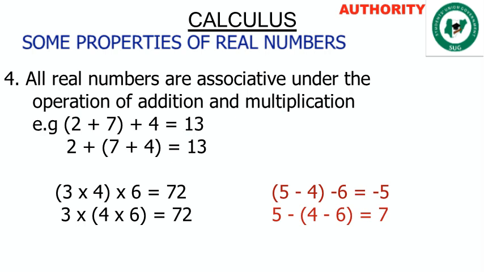Plus. So we have 5 plus 2 is equal to 7. It is not associative under subtraction. Moreover, it is not associative under division. So all real numbers are associative under the operation of addition and multiplication. Is that clear? Yes.